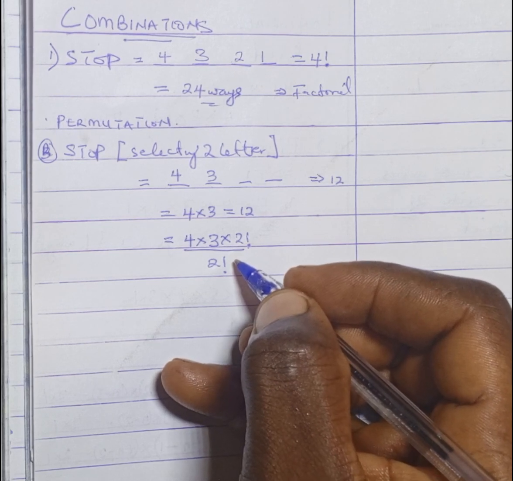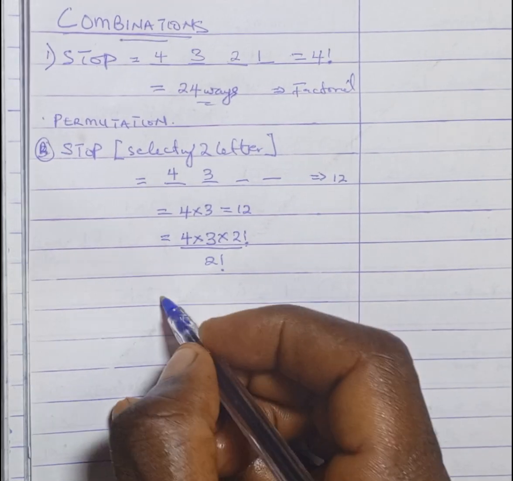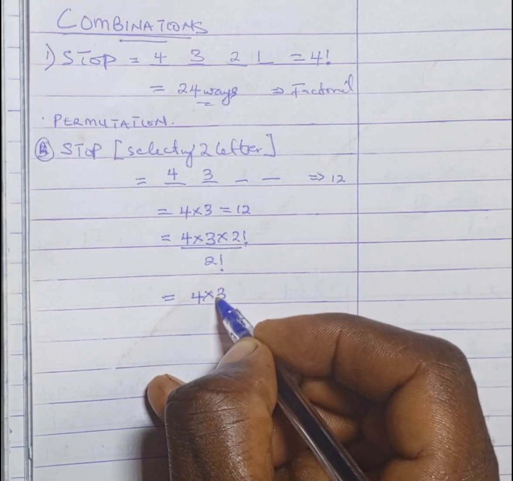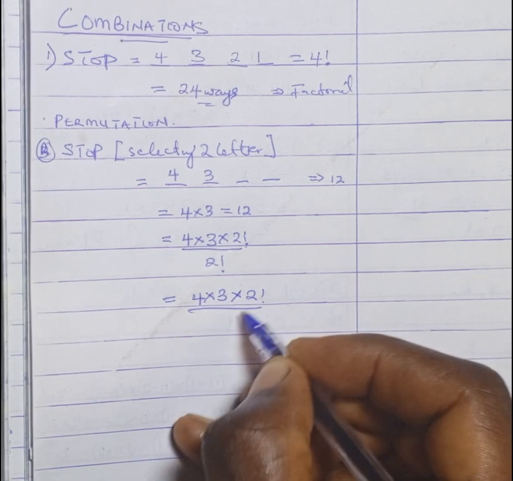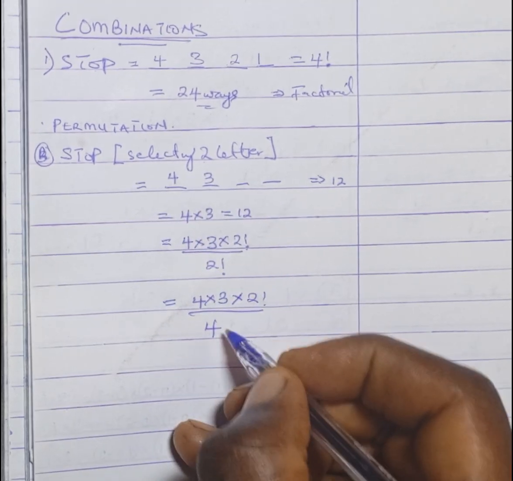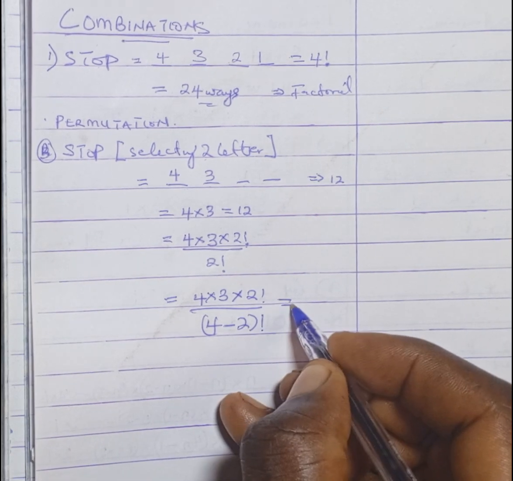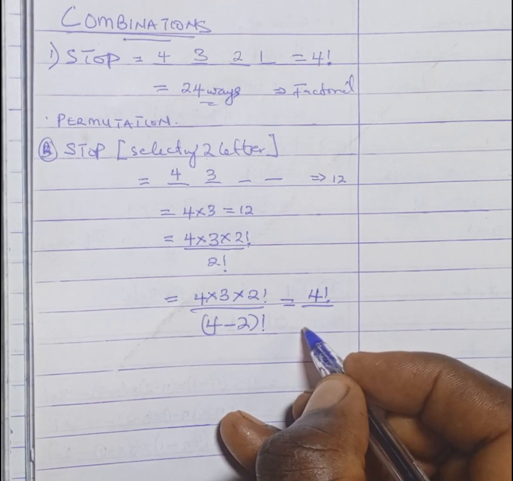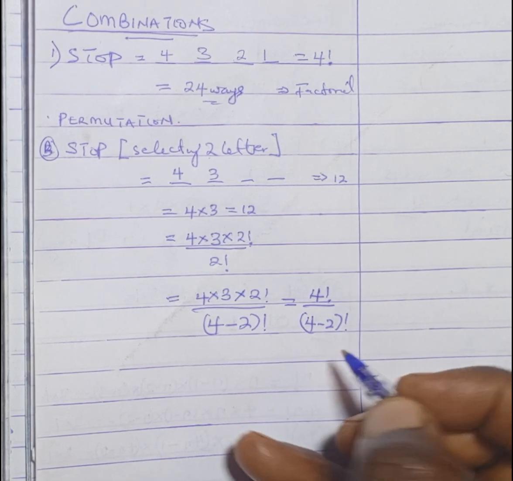So if it could be written like that, that means this also could be written as 4 times 3 times 2 factorial all over the highest vacant position 4 minus number of selections we are making 2. So at the end of the day, we are writing 4 factorial all over 4 minus 2 factorial. You get the point?